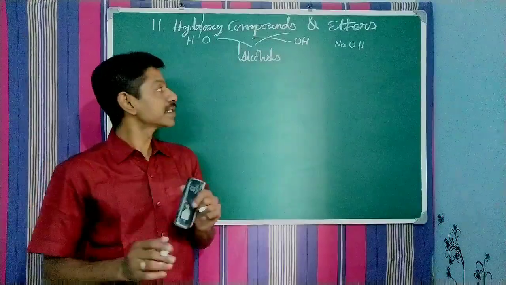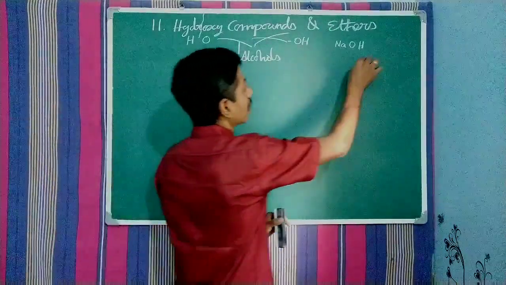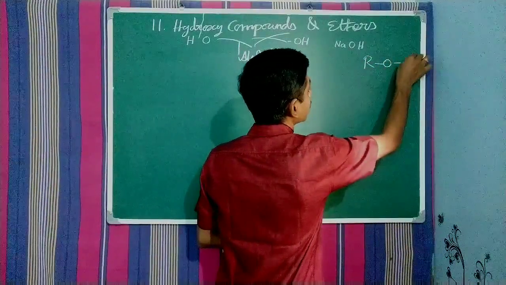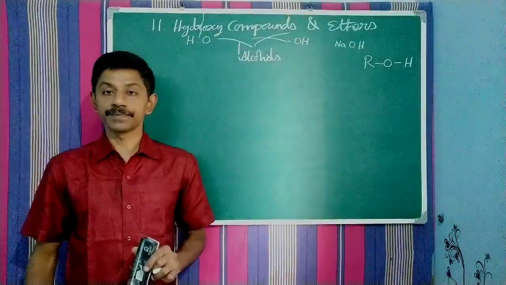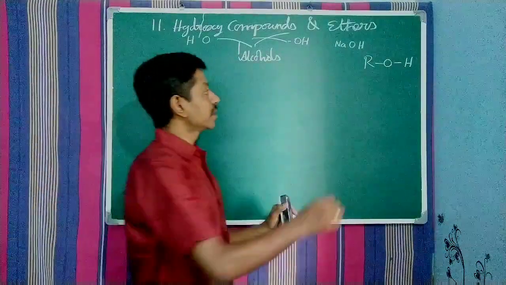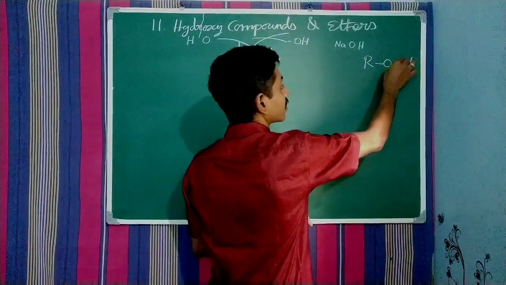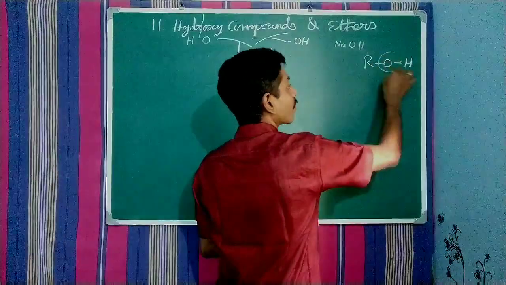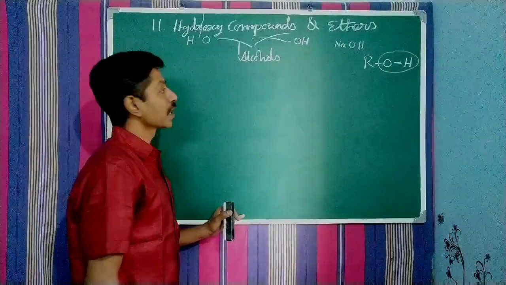So you have to understand the nature of these organic compounds, and they mostly go for covalent linkage, the sharing of electrons. I told you about carbon's nature. Here the covalently bonded oxygen and hydrogen, and the type of compound formed, we call alcohols.